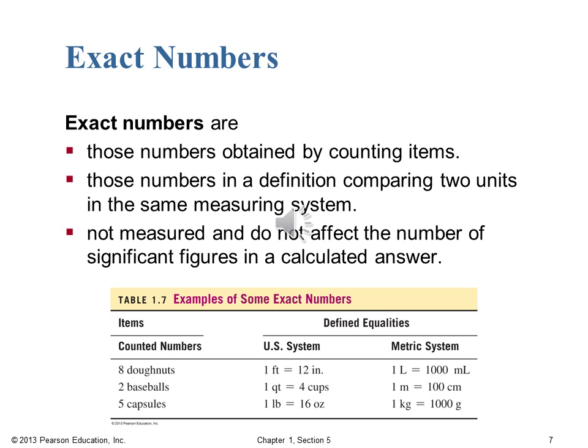If we're at the grocery store getting a dozen, we're getting exactly 12. So these exact numbers are not measured, and they don't affect the number of sig figs in a calculated answer. They themselves have an infinite number of sig figs, and therefore it's the significant figures in the non-exact numbers, the measured numbers, that would influence the final number of significant figures in a calculated answer.